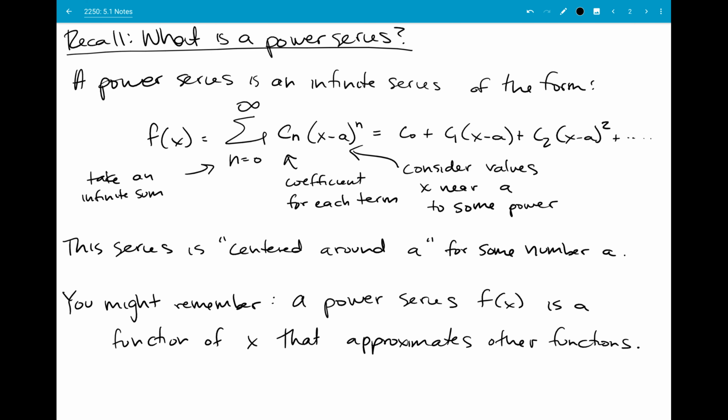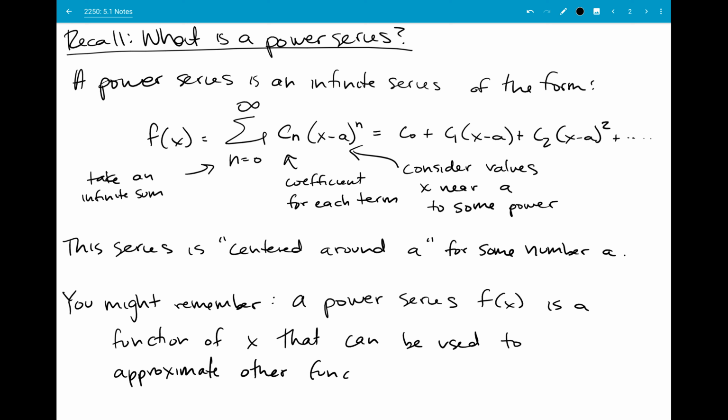The reason they're valuable is because they can be used to approximate other functions. Because the way I've written one down above doesn't necessarily mean it's approximating anything.